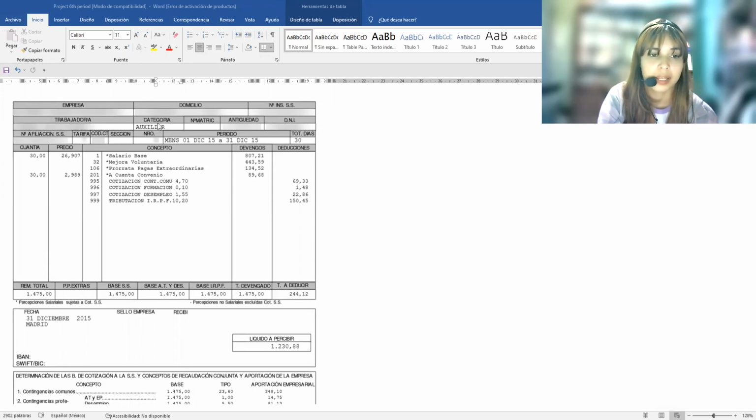The category that it has, and the period that it says, 1st of December to 31st of December.